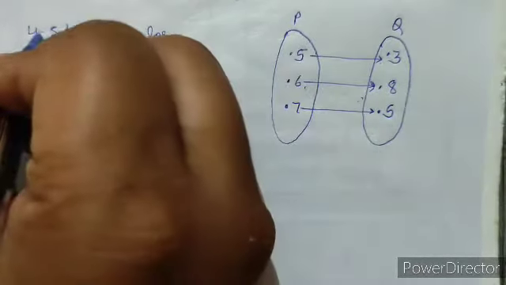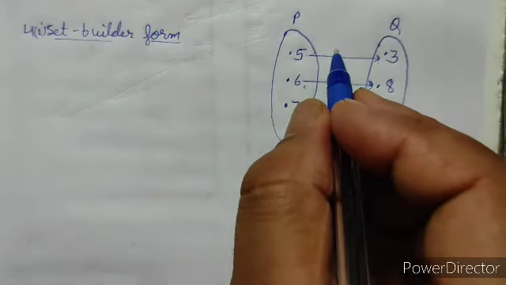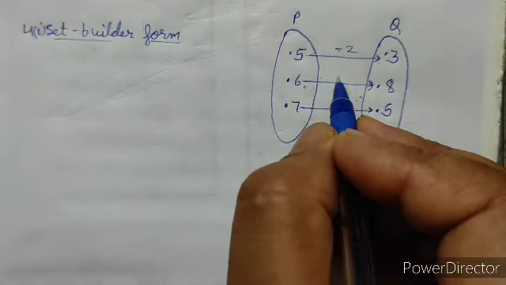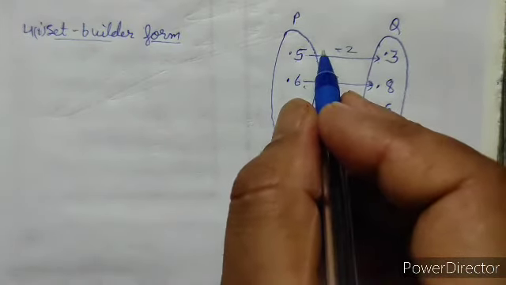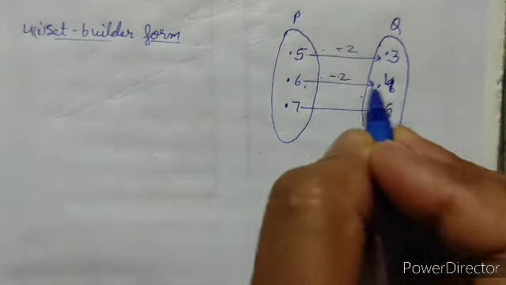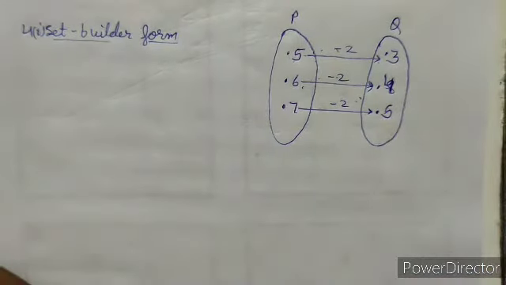Now as we see here, 5 minus 2 is equal to 3, 6 minus 2 is equal to 4, and 7 minus 2 is equal to 5.